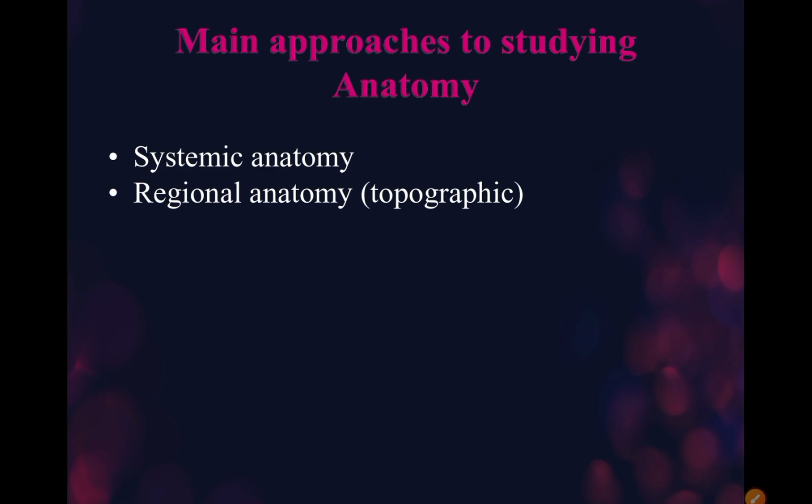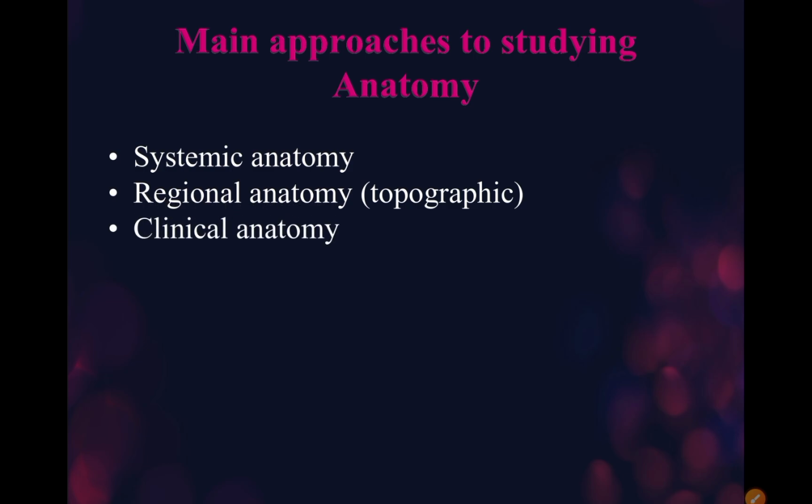Regional anatomy is the study of a particular region or area in the body. Example, we have the upper limbs, and in that upper limb we have the hand. Whenever you are studying the hand, we call it regional anatomy, the study of a particular area of the body.